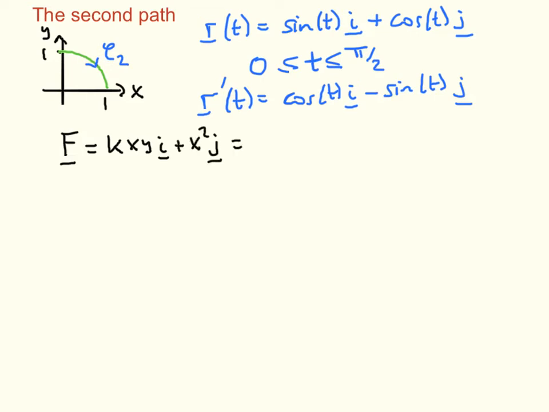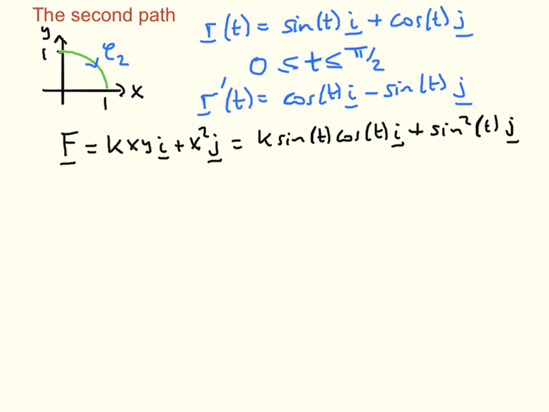And we can read off what x is from here and what y is from here. So xy is sine of t times cos of t, and x squared is sine squared of t. So we have kappa sine t cos t i plus sine squared t j.